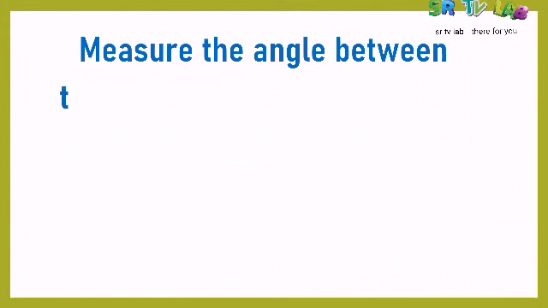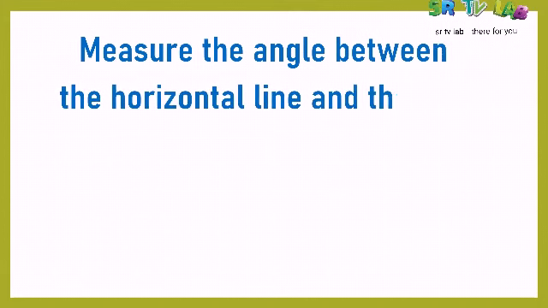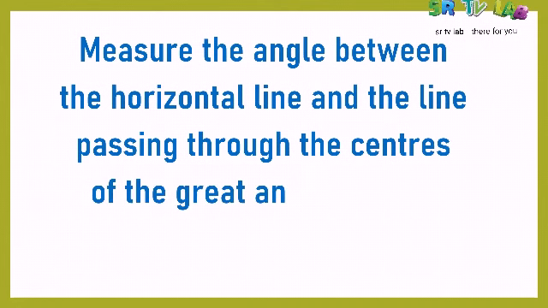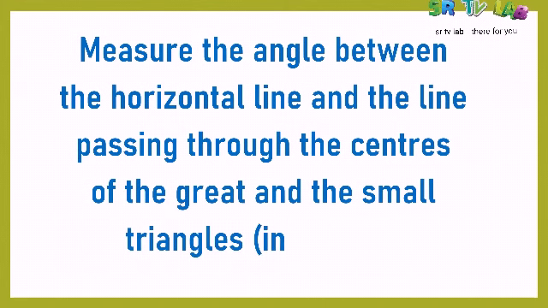The next step is measuring the angle between the horizontal line and the line passing through what? The centers of the grid and the small triangles, in degrees.